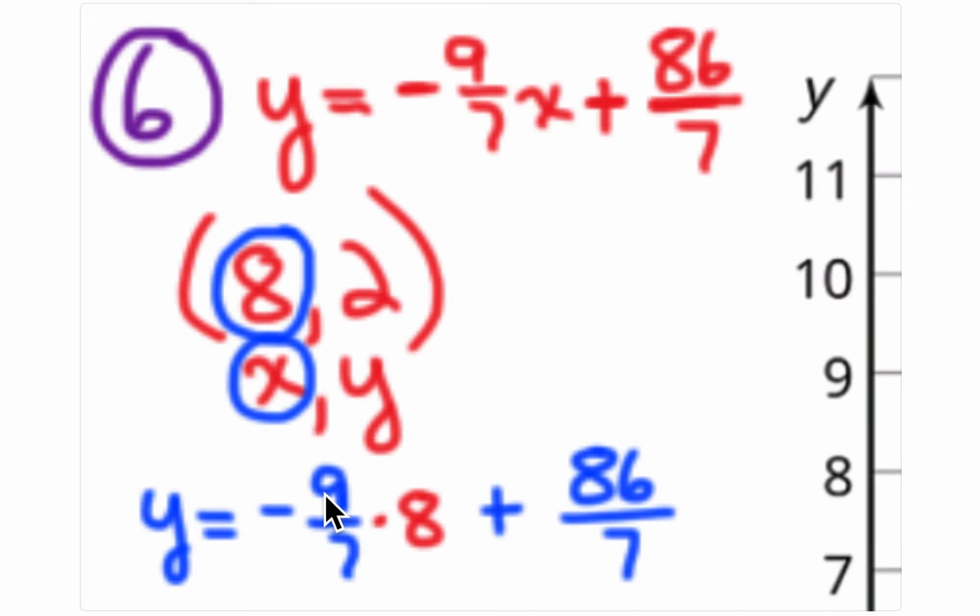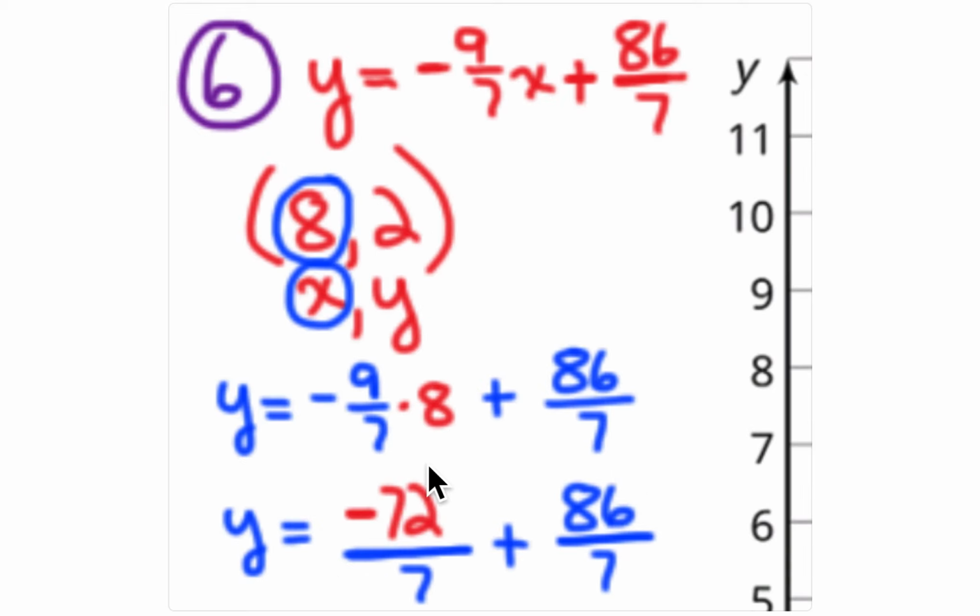Well, what's the difference between 72 and 86? You might be able to see that already. To go from 72 to 82 is 10, plus another 4, it's going to be 14. So negative 72 sevenths, that's this 8 times this negative 9, plus 86 sevenths.